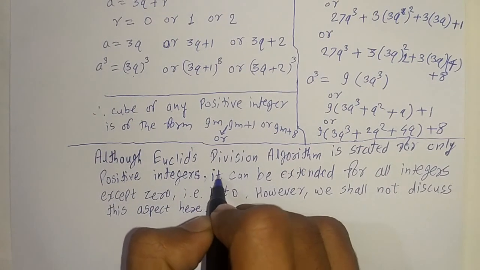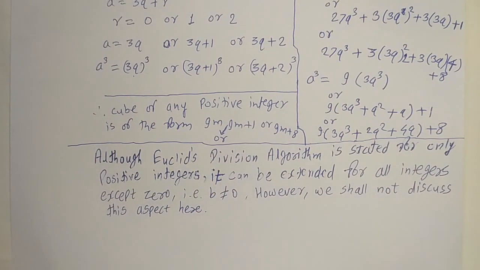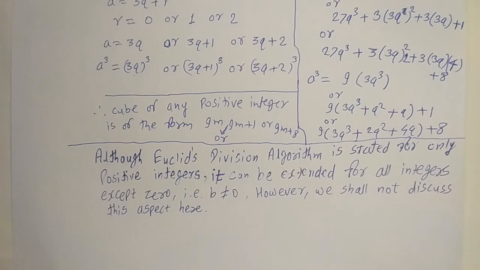In your syllabus only the simple condition that b should be a positive integer is there. If b is equal to 0, then it will be a different problem. In your syllabus you have examples where the value of b is only a positive integer.